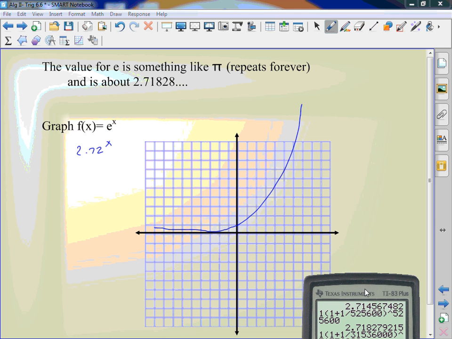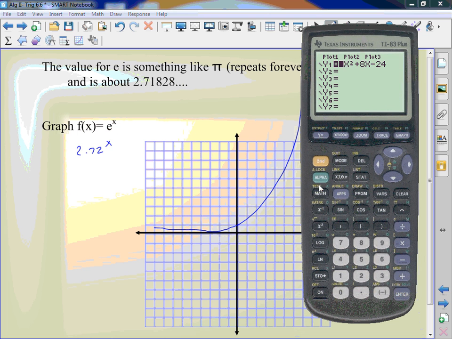Now on the calculator, you know where the log is. Right below log, you see ln. Second ln is the e to the x. When I graph, there's your graph.